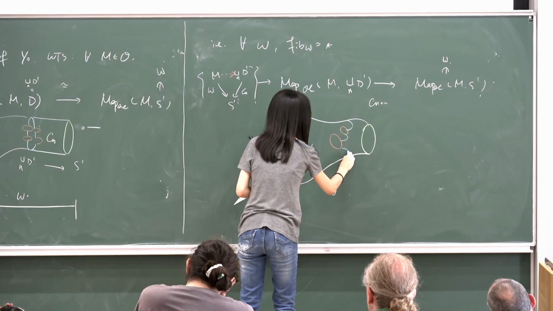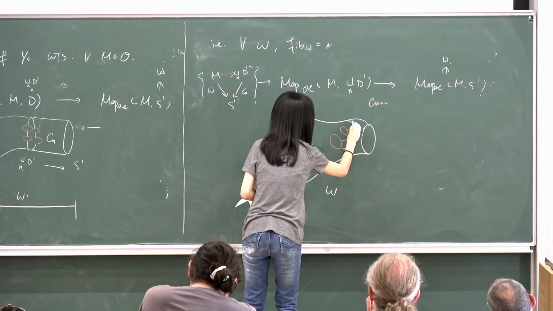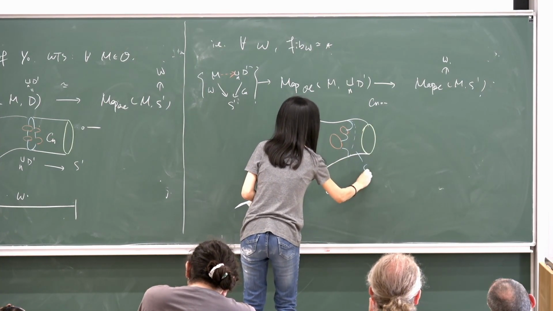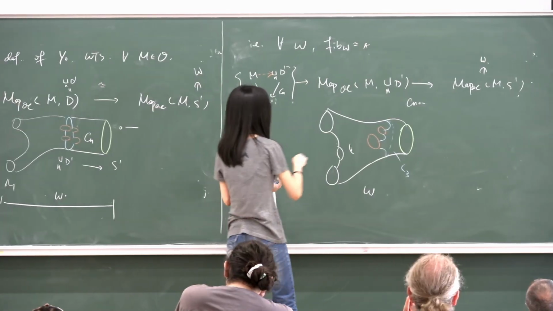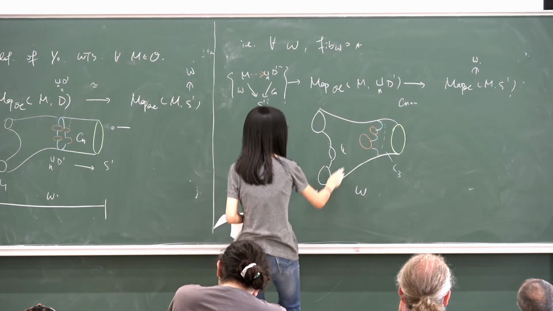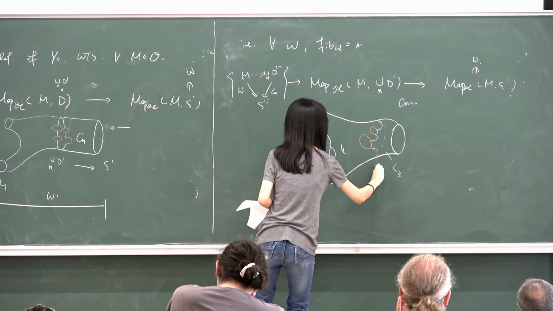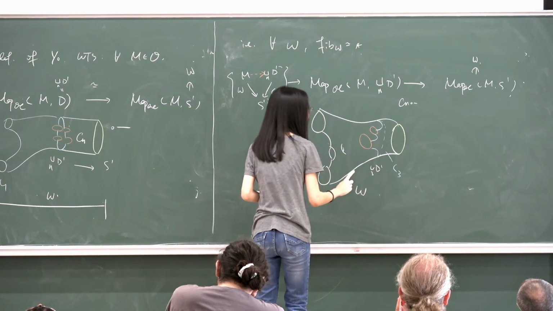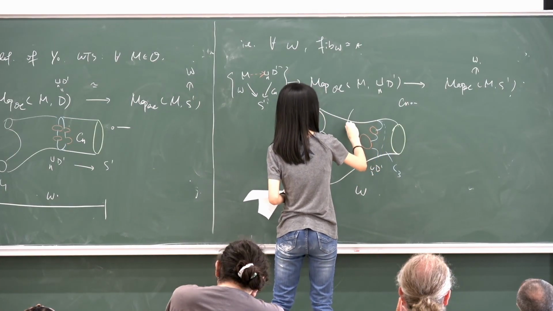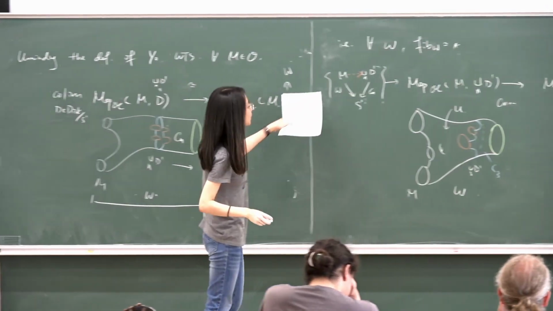So this is a copy of C3, and a bordism from M to 3 copies of D1, and this will be our W. So this should be the fiber.